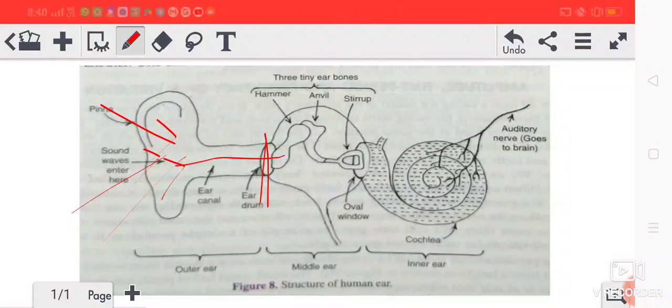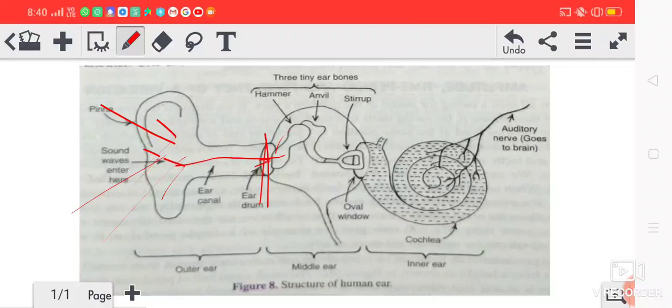When the sound waves fall on the eardrum, the eardrum starts vibrating back and forth rapidly, and the vibrating eardrum causes the small bone, the hammer, to vibrate.